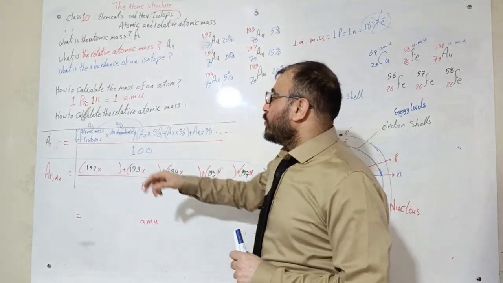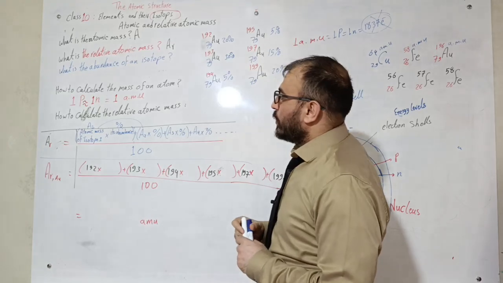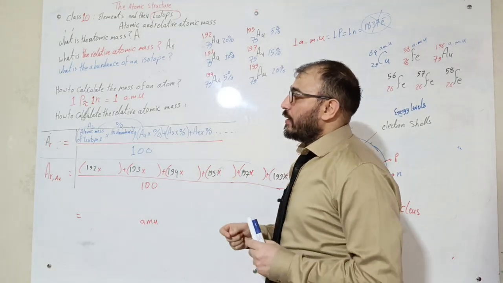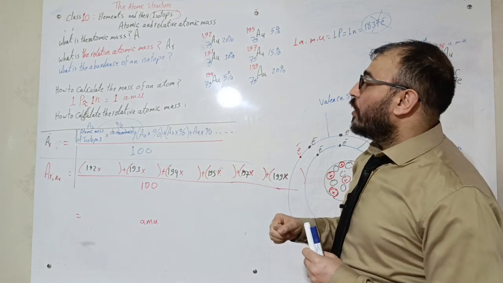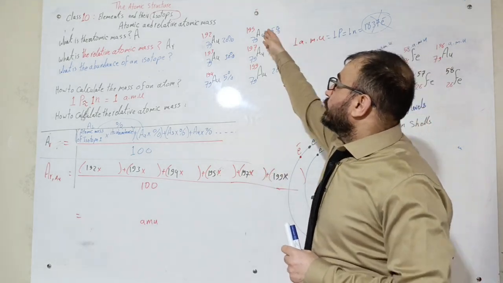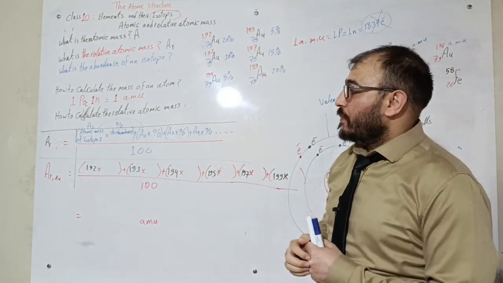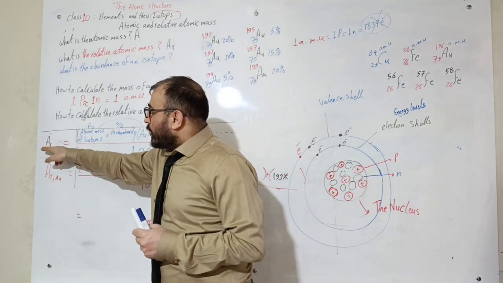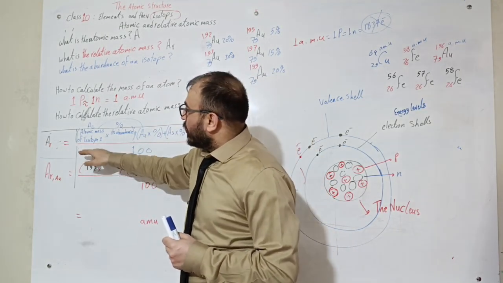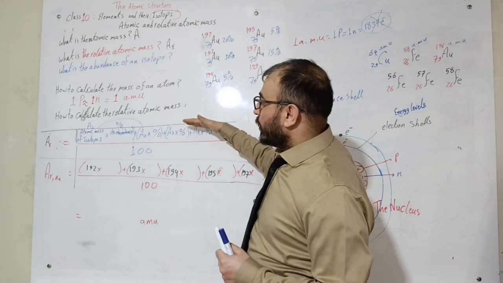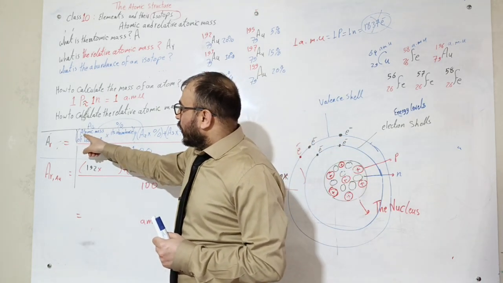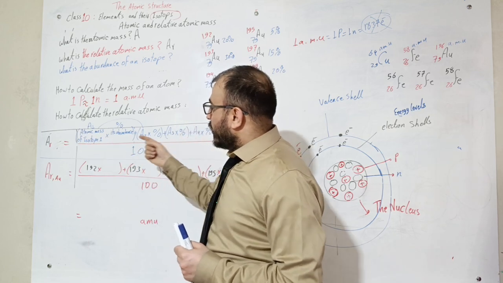Now, my friends, how do we calculate the relative atomic mass? Generally, if we want to calculate the relative atomic mass of an element which has many isotopes, we use this equation. Relative atomic mass equals a fraction, numerator and denominator. In the numerator, we have parentheses.